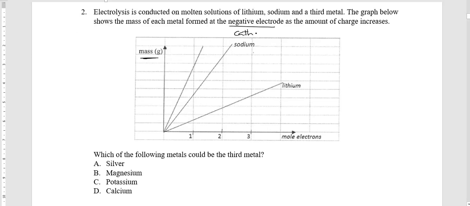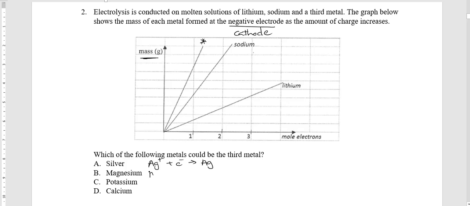So this is electroplating, basically, as the amount of charge increases, and you need to determine the third metal. So this is your third metal here that you need to work out. All right. So you have different options. Ag, which is plus. So if I write the half equation for Ag, it looks like this.